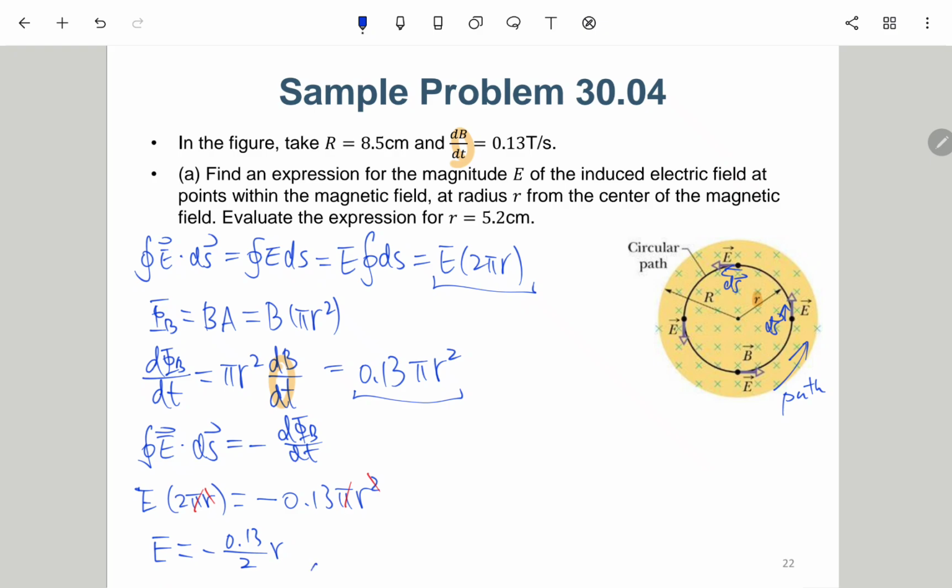If we would like to find the magnitude, we take the absolute value, which is 0.13 over 2 times r. The SI unit for the E field will be V over m, or N over C.